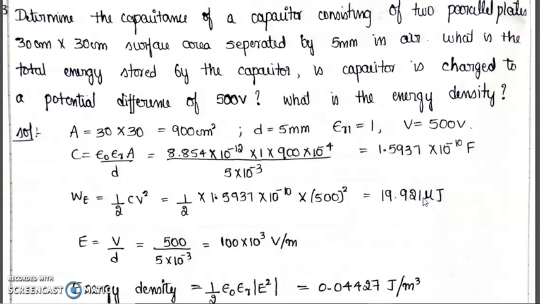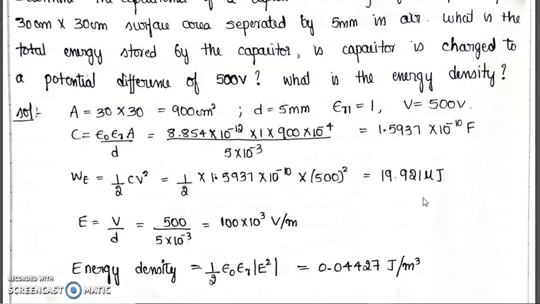Now, to find energy density, we know the formula for energy density is equal to half into epsilon into the magnitude of E square. But we don't know E, so we have to find the value of E first, then we can use this formula. To find E, we can use the relation between E and the potential.